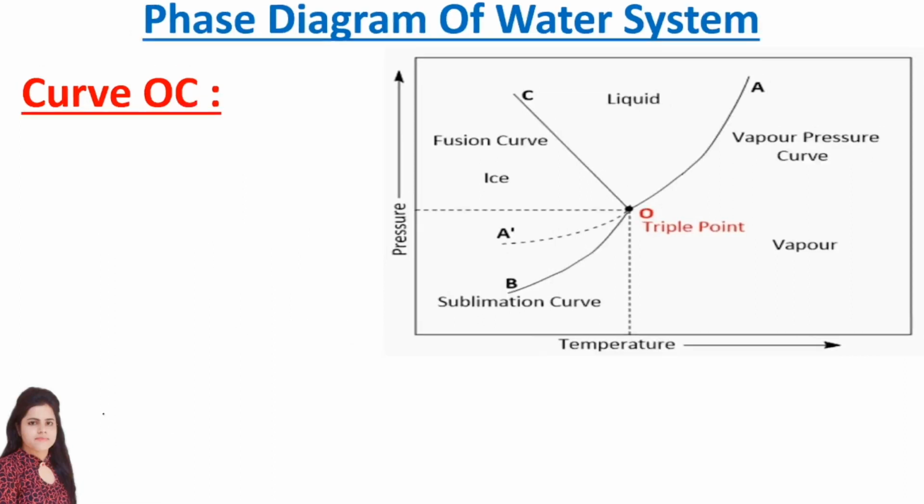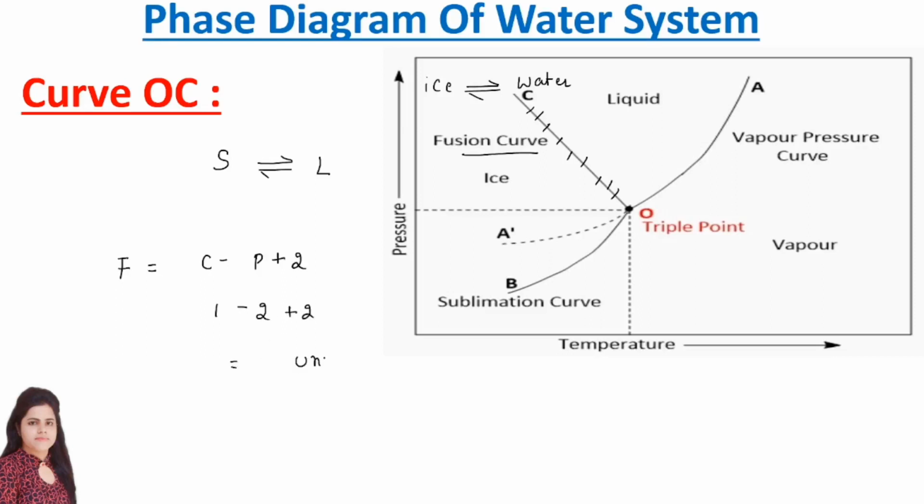Then the last curve is the OC curve, called the fusion curve. Fusion curve means ice is in equilibrium with water, that is, solid is in equilibrium with the liquid state. So again you get 1 minus 2 plus 2, which is univariant. All the curves show a univariant system.